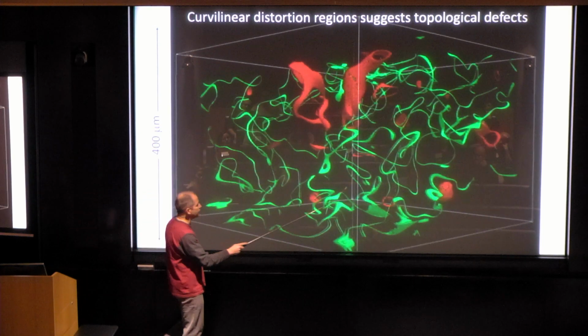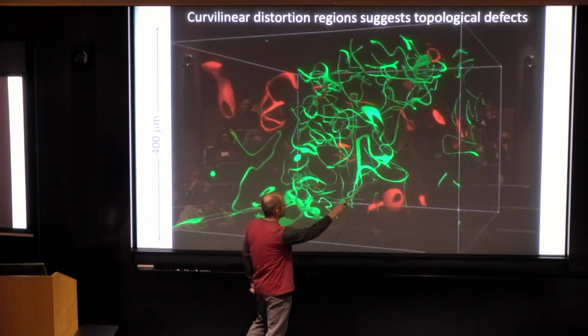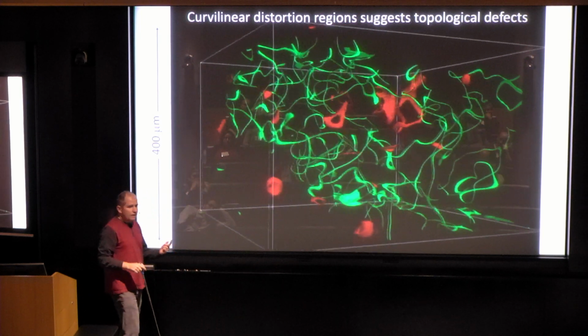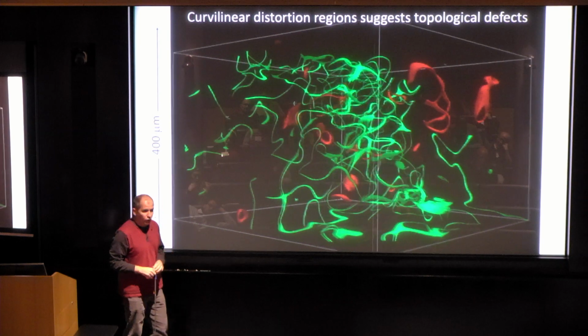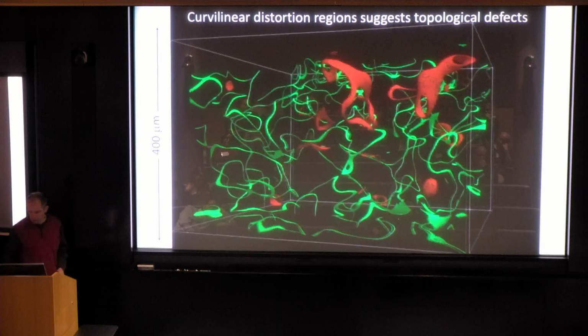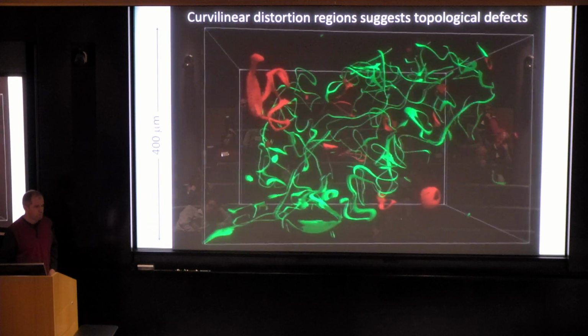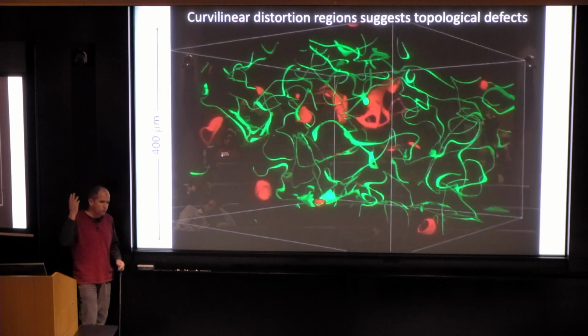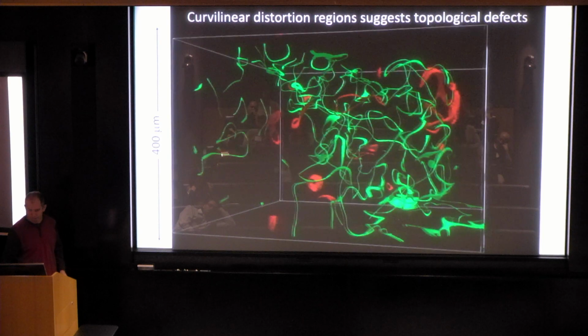And then there are these isolated loops that are shown in red here, here, and here, right? And you can imagine that this is indicative of the presence of topological defects, right? Distortion energy is something like this display. Yeah, it's just the gradient of the director field with a one-constant approximation, right?